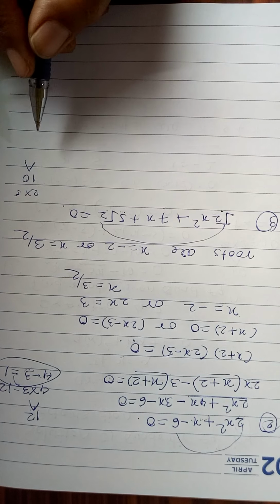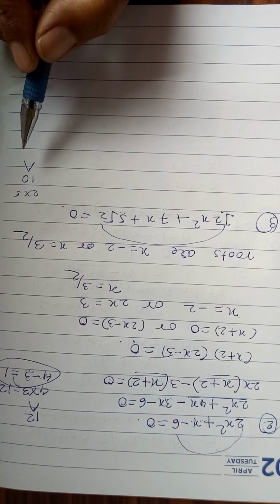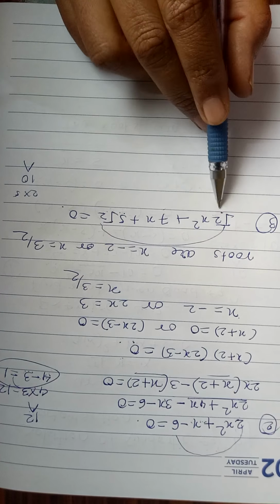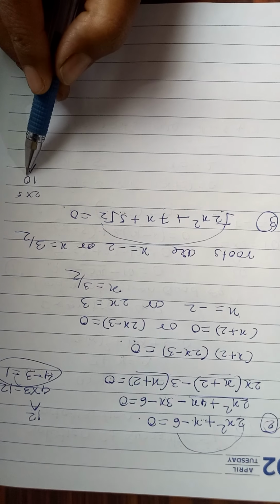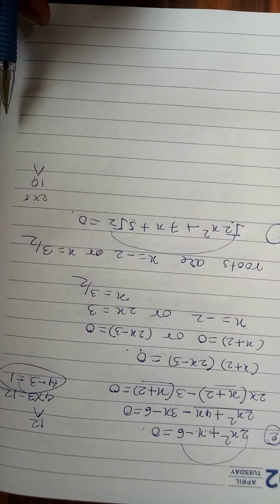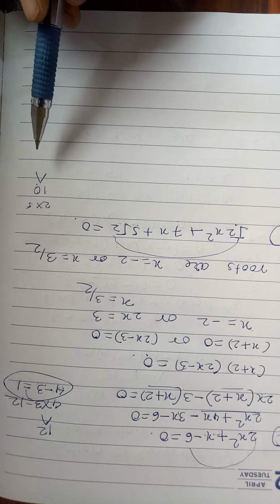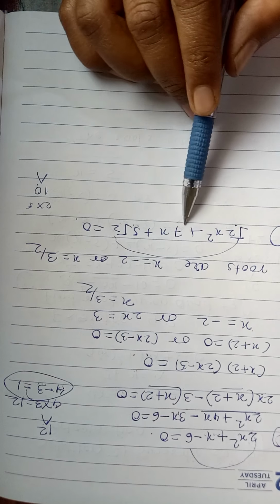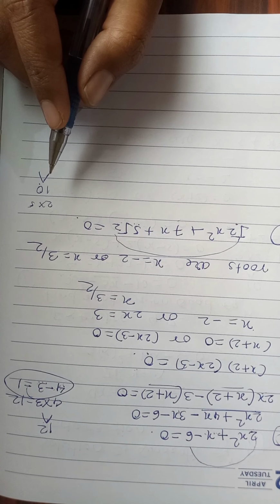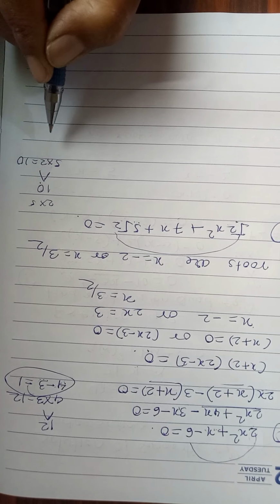We have to factor this 10 in such a way that the product of the two numbers is equal to 10 and the sum of the two numbers is equal to 7. So the factors of 10 are 5 into 2, which is equal to 10.